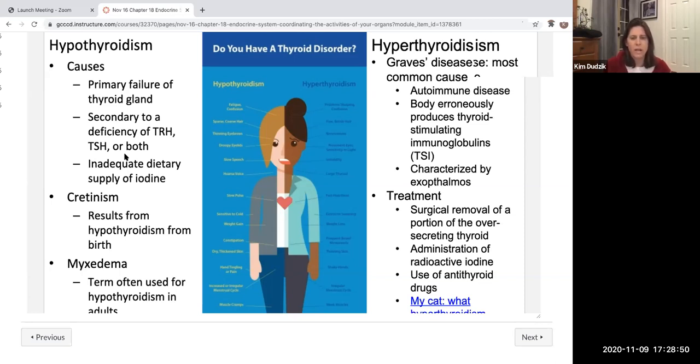There's usually a reduced metabolic rate, and so you tend to be more cold. If your metabolism is low, then you're not burning calories as much, so you might have weight gain. Again, you're easily fatigued. You might have a slower or weakened pulse, slower reflexes, slower mental responsiveness.